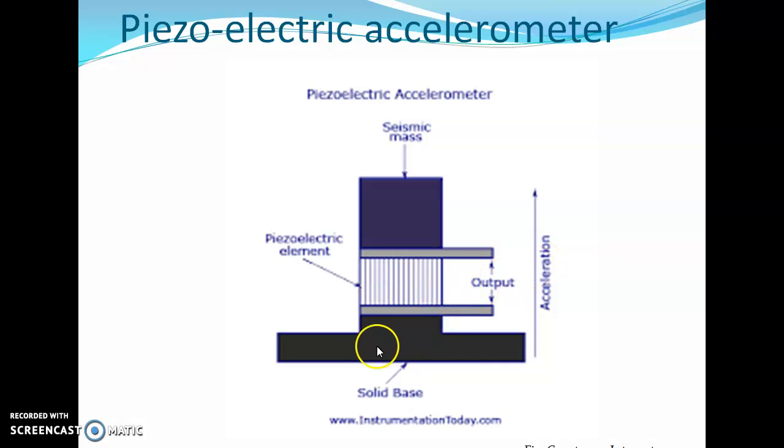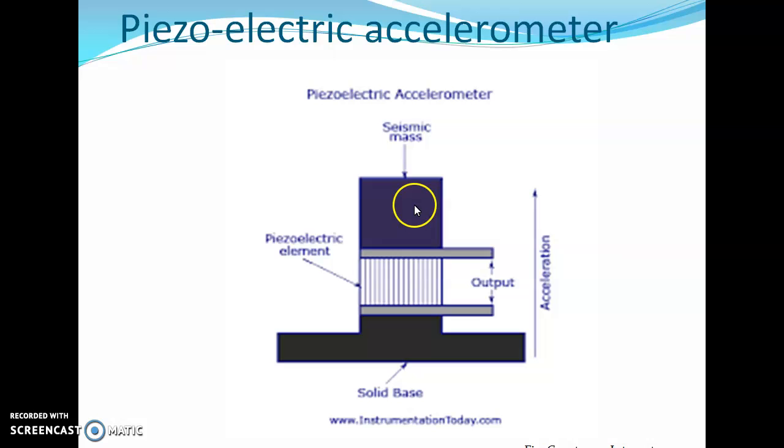Here this is the solid base and this is the piezoelectric element that is placed on this solid base. Output is taken through these two leads or two ends, and this is the seismic mass which is placed on the piezoelectric material.